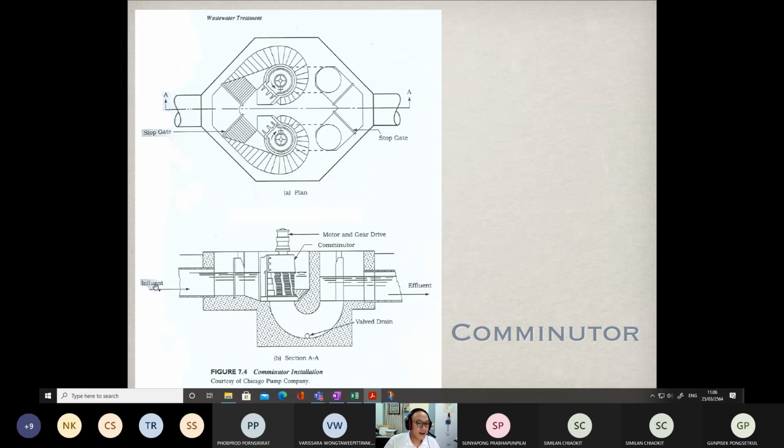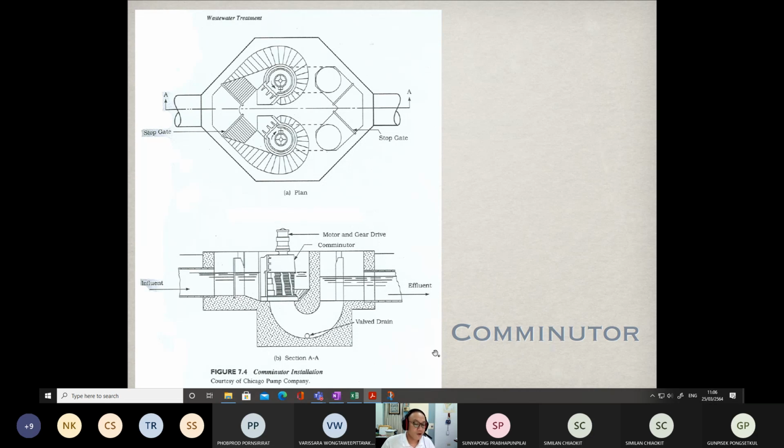But anyway, water just flows through the channels like this, and once it reaches the comminutor, all the big objects are cut, and the liquid passes through the comminutors to the bottoms of the chambers before passing to the other side of the chamber. The comminutor is just equipped here.